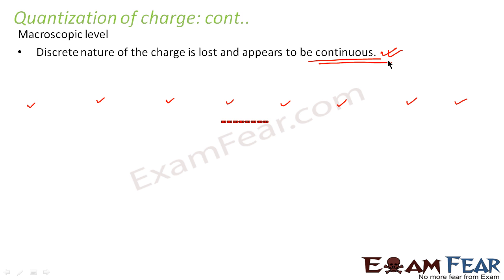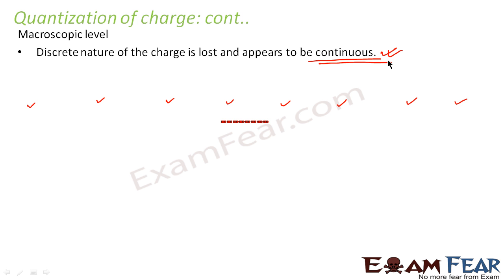See, the fact is that charge is discrete in nature. Charge can only accept values which are integral multiples of the electronic charge. But when we look at it at the macroscopic level, the difference between those two acceptable values is very small. Look at this example, it is the best example to understand this. In this case, the discrete nature of each of the cars, or each of the values, is lost.